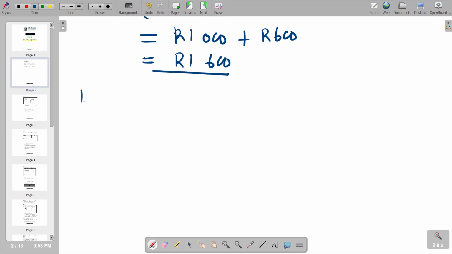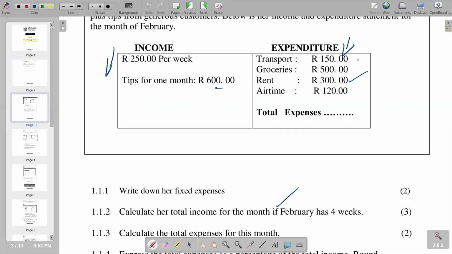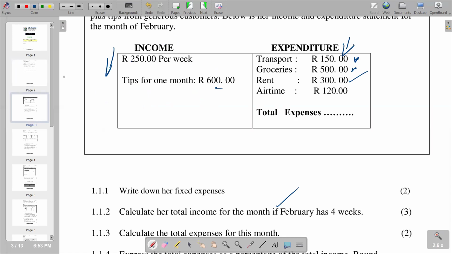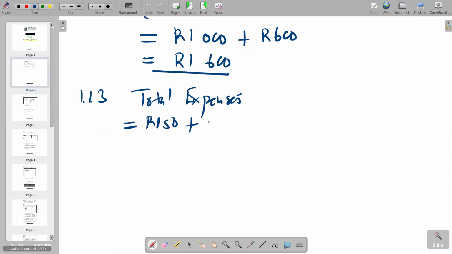So if we put down that calculation, 1.1.3, we are calculating total expenses. It is equal to 150 rands, and then you add your 500 rands. You add your 300 rands.